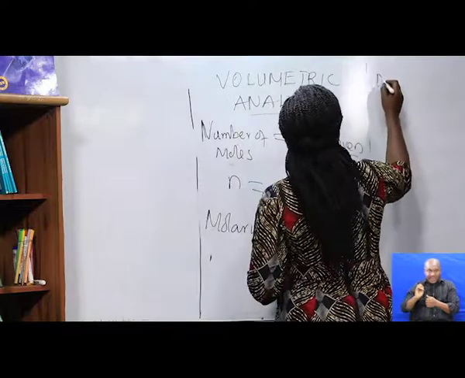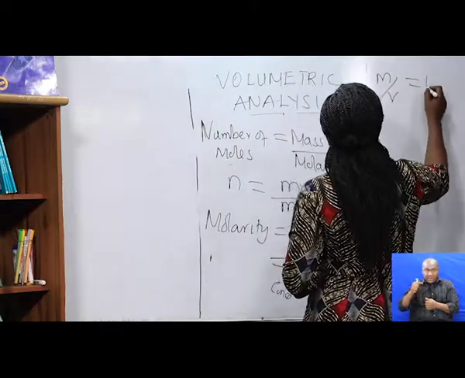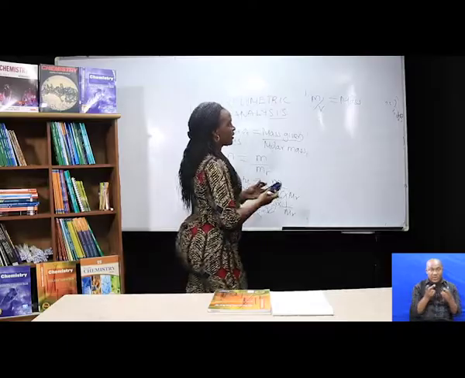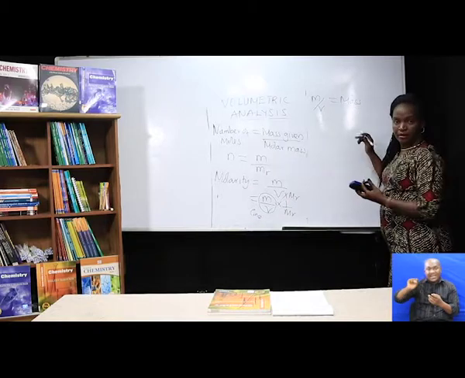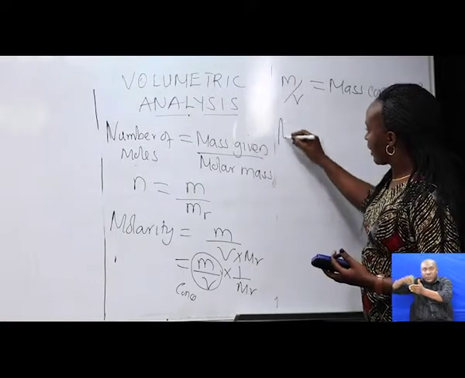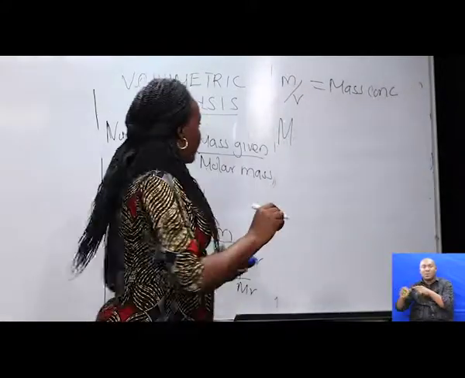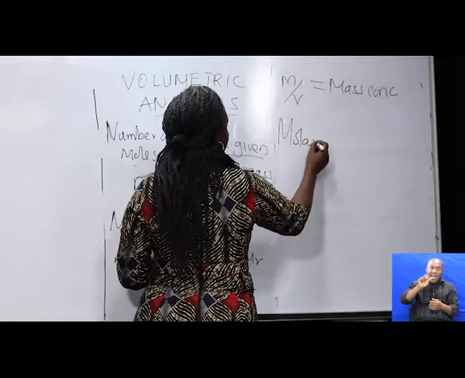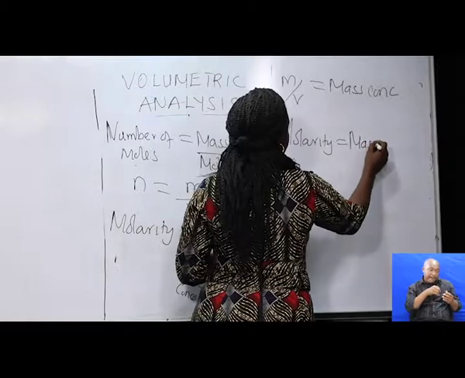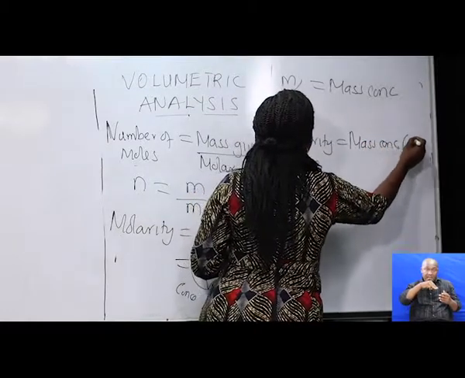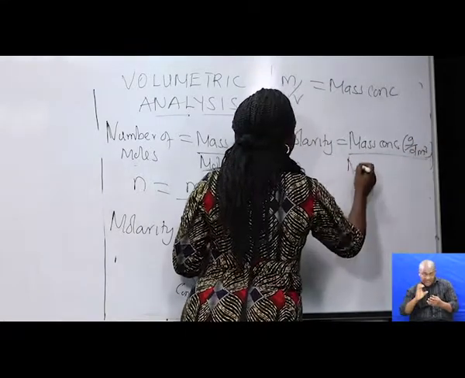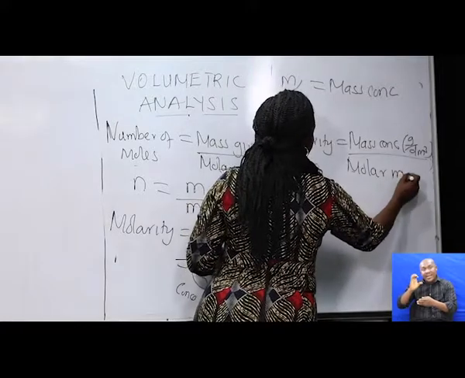Therefore, mass over volume is the same as mass concentration. Therefore, I can say molarity can also be given by taking the mass concentration, which is measured in grams per decimeter cubed, divided by the molar mass of a substance.